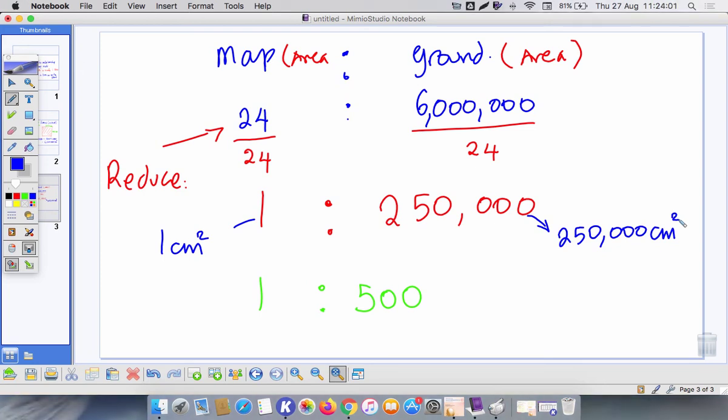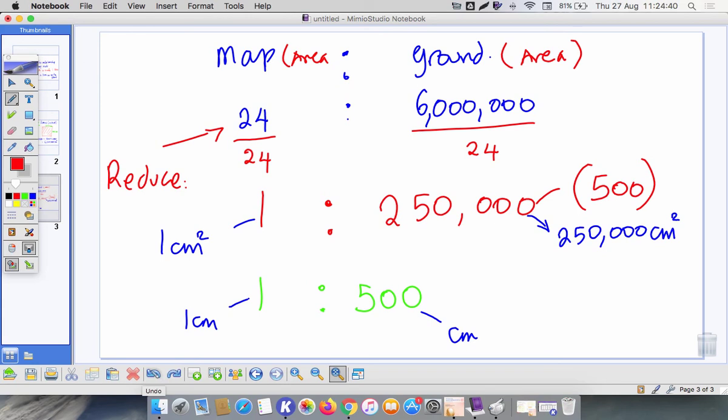Now I want to see what's the relationship between these two. 1 centimeter for distance is 500 centimeters on the ground. Now if I look at 250,000 and 500, you are going to discover that 250,000 is the same as 500 squared.